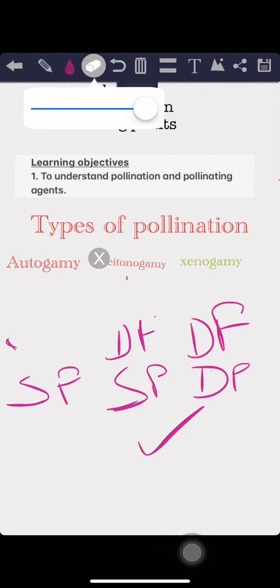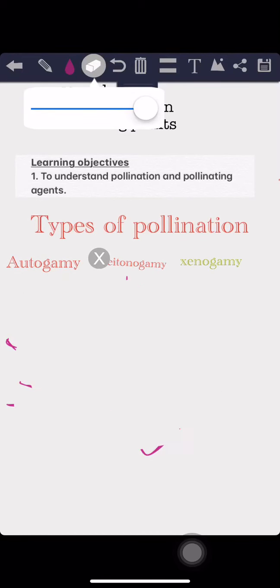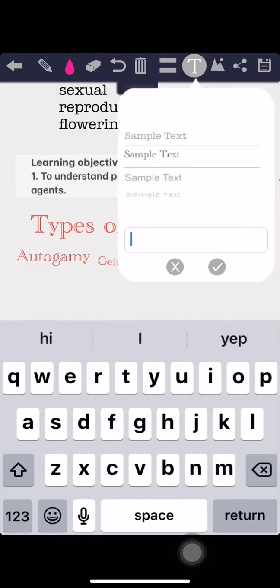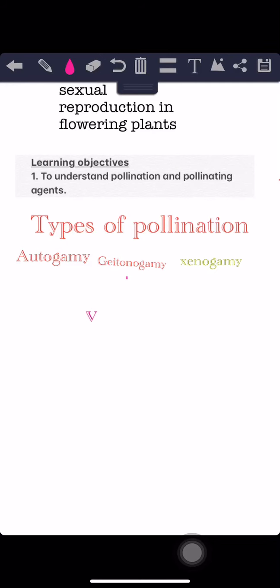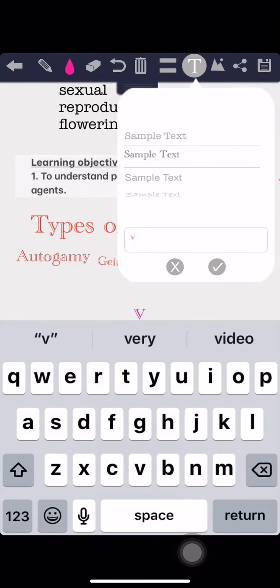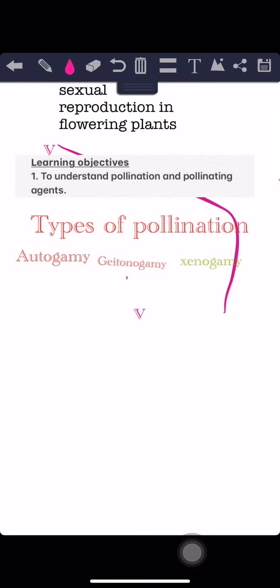Next difference between all these is that autogamy has no variation. Whereas geitonogamy has variation, or say very little variation. Xenogamy is also having variation.